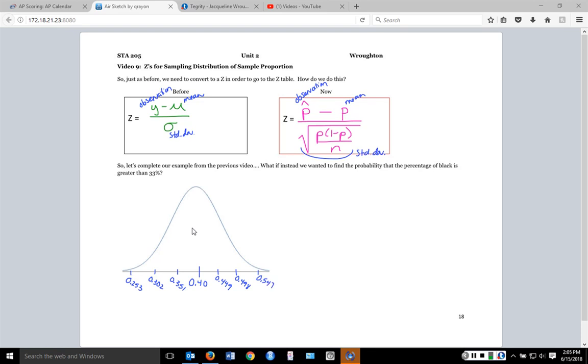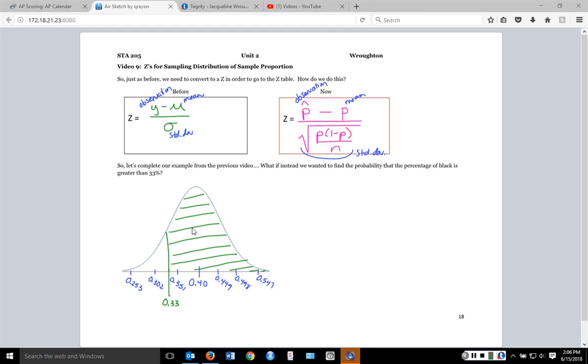And then we took that 33%, so that it fell about right here, because it's 0.33 in decimal form. The greater than tells me to shade to the right. Okay, so same picture.